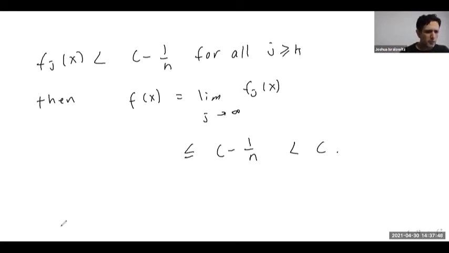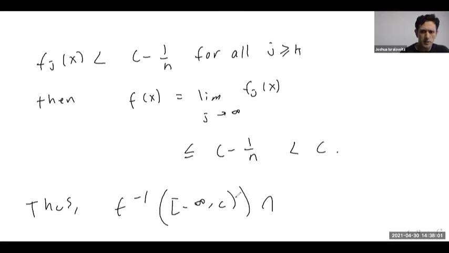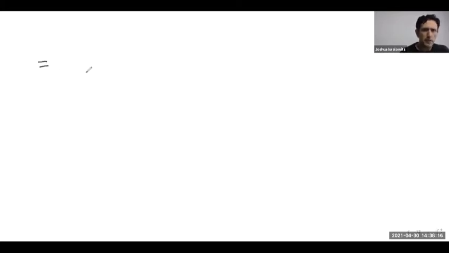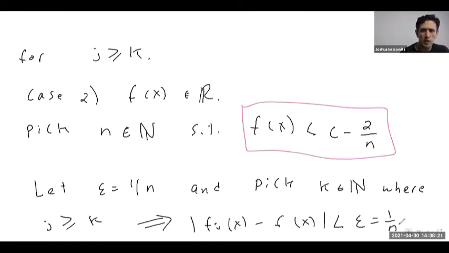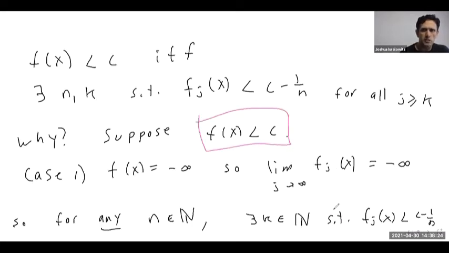Okay, so finally, what does this allow me to do? Well, this set here, the inverse image of minus infinity to c, intersect E take away this bad set of measure 0, where we don't have pointwise convergence. Well, it's the usual standard translation into unions and intersections.